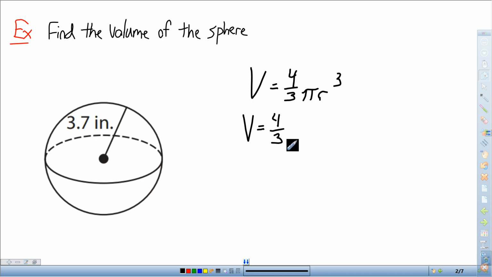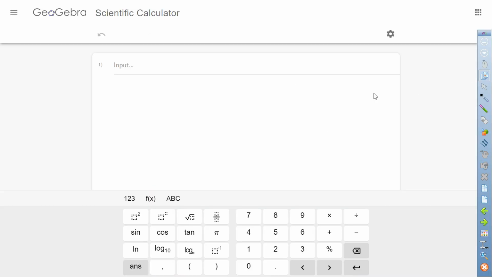So volume equals 4/3 pi 3.7 cubed. All right, and we literally just need to type that into our calculator. Okay, so let's go ahead and do it. All right, so 4/3, get out my fraction, so 4/3.